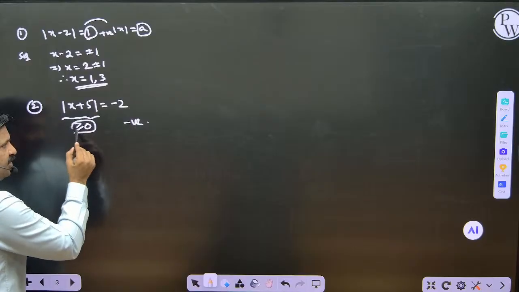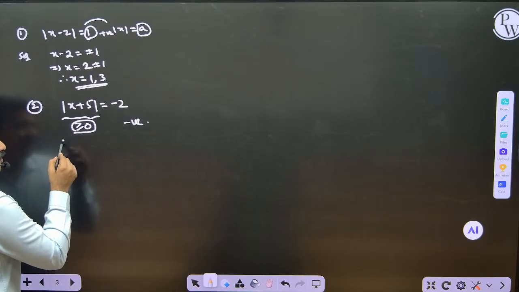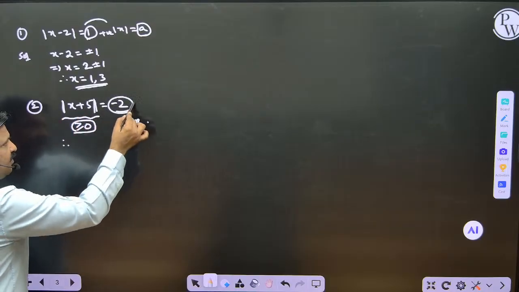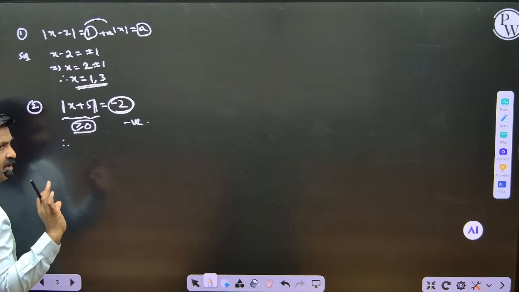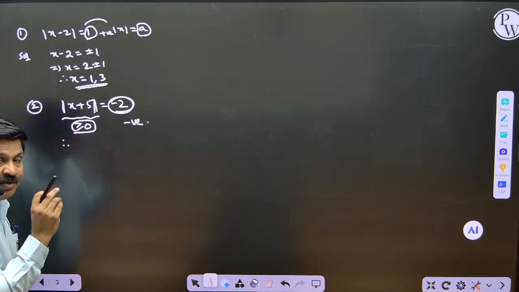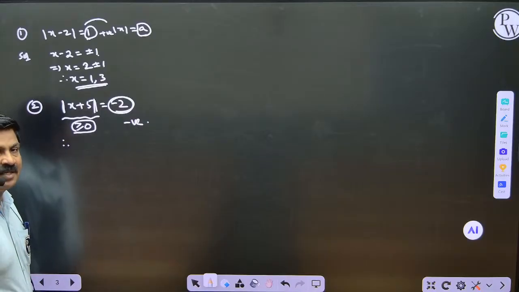A non-negative is never equal to a negative. Modulus of x is always a non-negative real number, either positive or 0 but never negative. If it is negative, no such x exists.